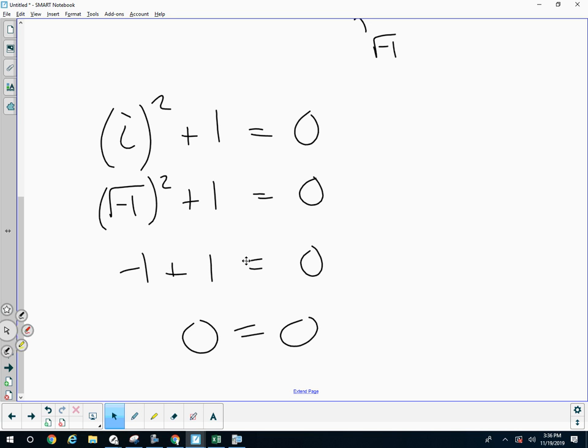I win. Turns out I could have plugged in -i as well. Because if I square negative root -1, I also will just get -1. Add 1, get 0.